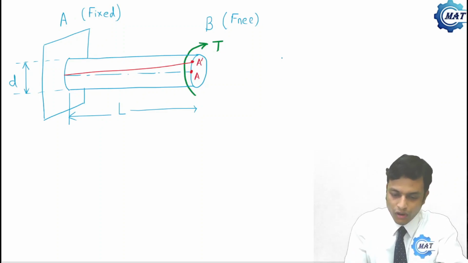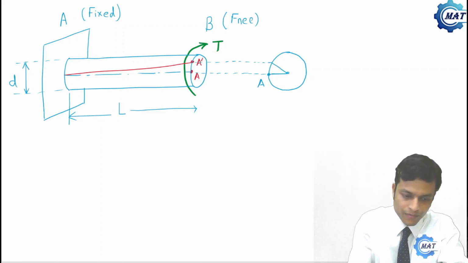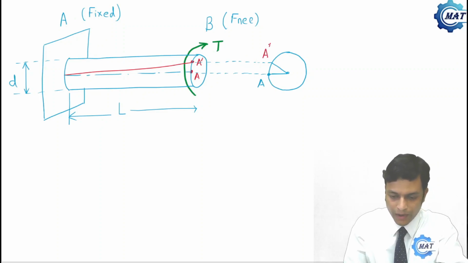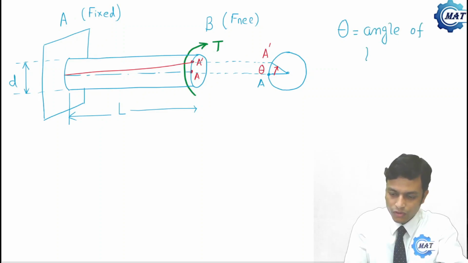That is, if we draw the sectional view of the free end, say this was point A which moves to A prime, this is my A prime, and say this amount of rotation is theta. So theta is called angle of twist.